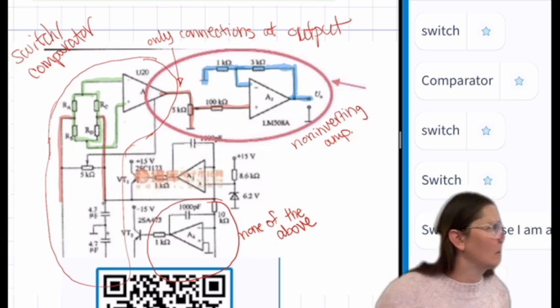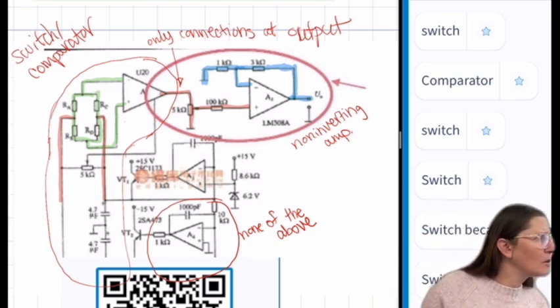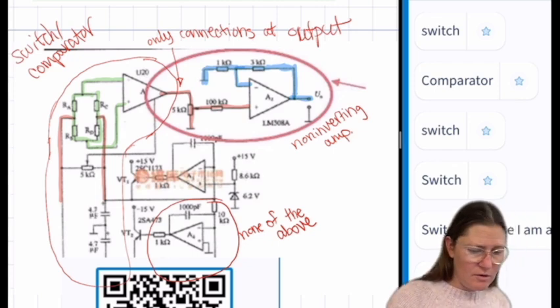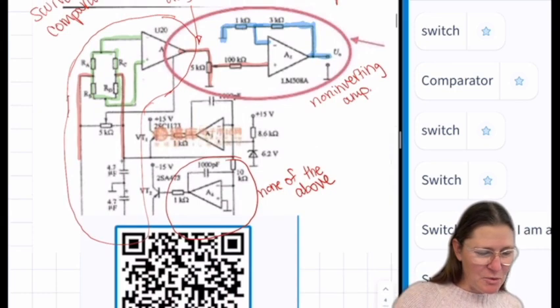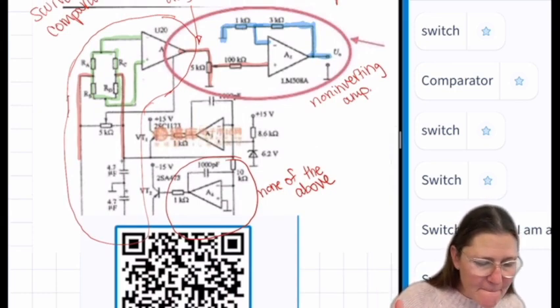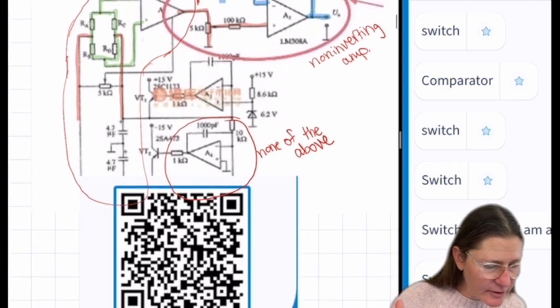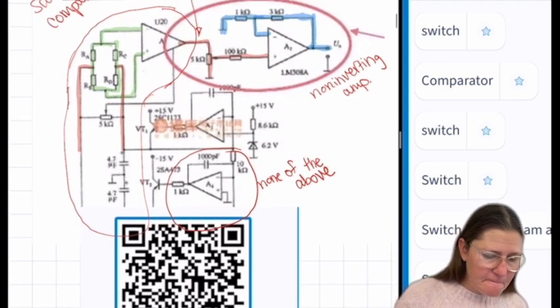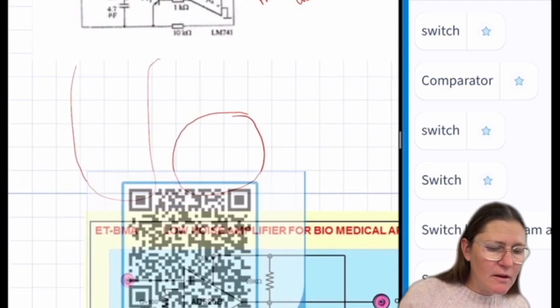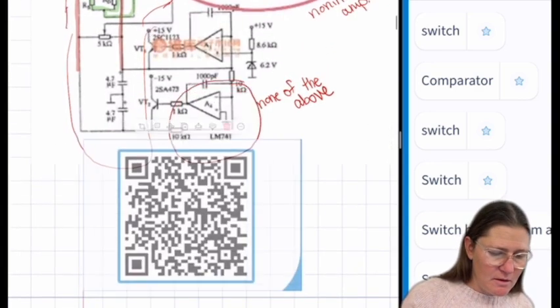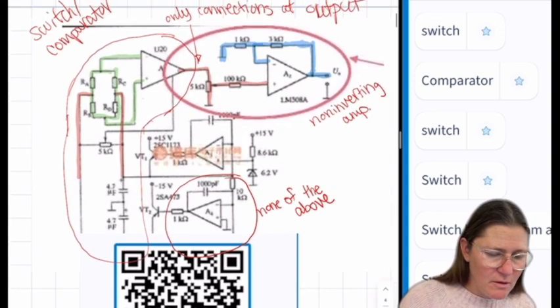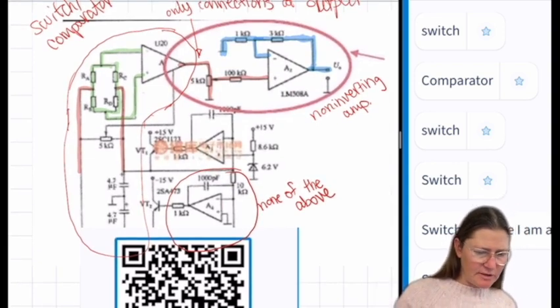So as a whole, the circuit, what really is it? Do you know? I do not remember what this one is. Let's see if it has a sensor in there. I don't see where the sensor part's coming in.